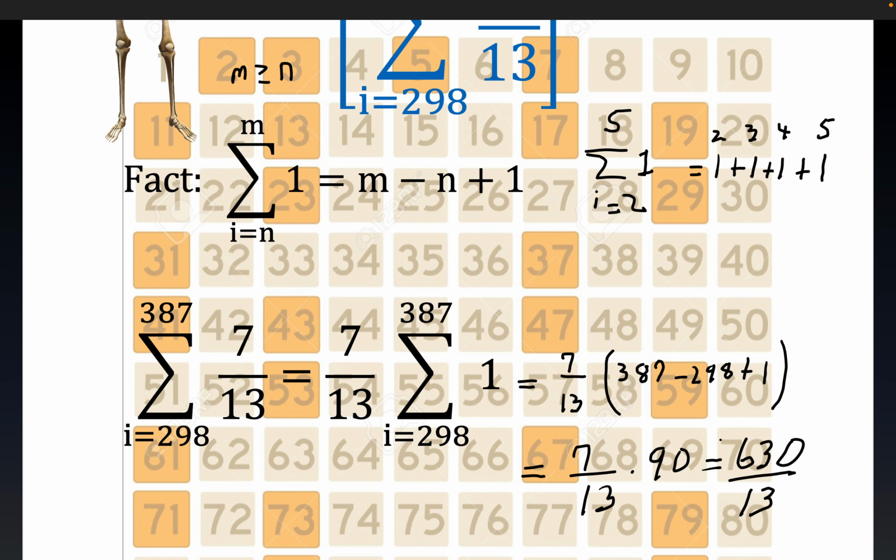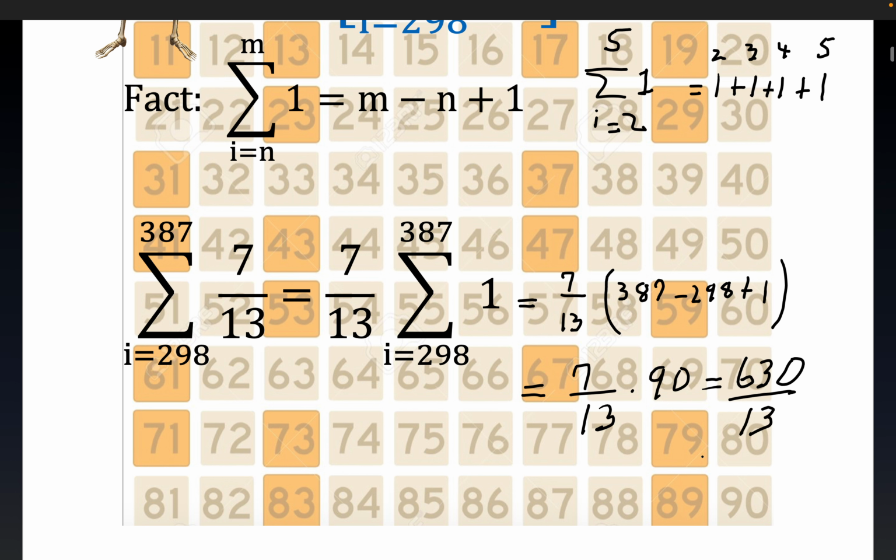Folks, 48 times 13, I believe, is 624. So you would get 630 over 13. If you divide, 48 times 13 is 624, so this would be 48 plus 6 over 13.